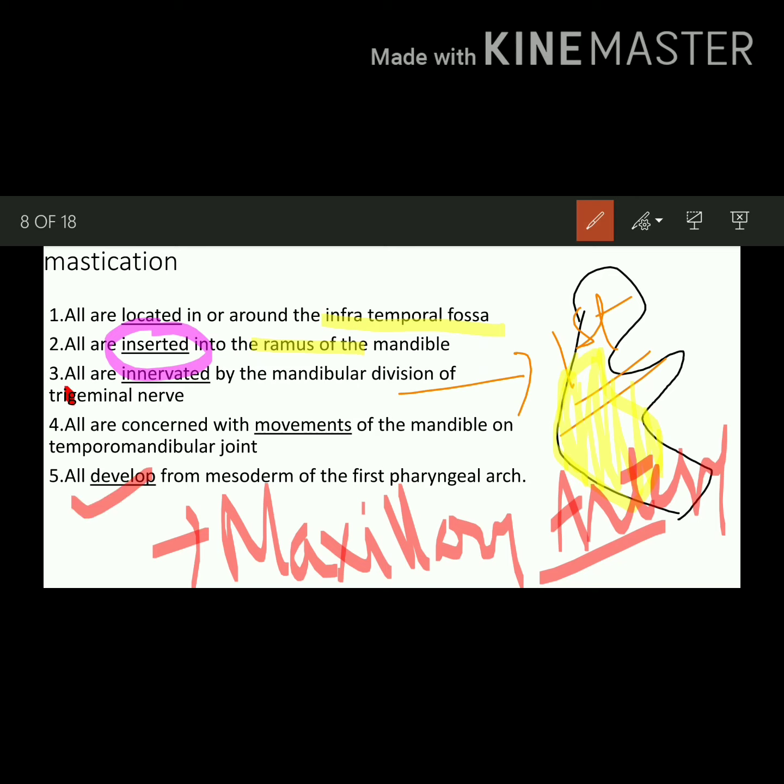That is satisfied, and all are concerned with movement of the mandible on the temporomandibular joint. So all the muscles will move the temporomandibular joint. We'll see the muscles of mastication, the movements of the temporomandibular joint, and the applied aspects later.